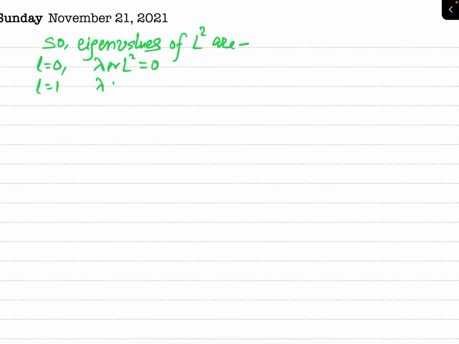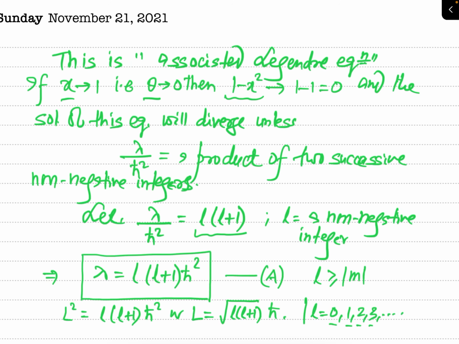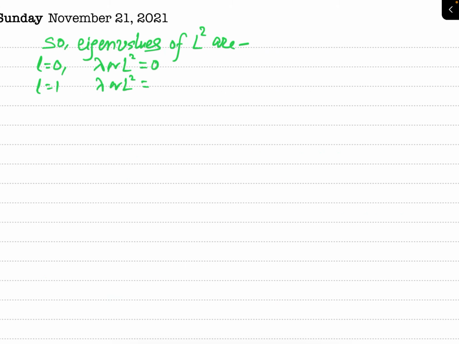When L is equal to 1, lambda or L square will be 1 into (1 plus 1) into h bar square, that is 1 into 2, that is 2h bar square. When L equal to 2, lambda or L square will be 6h bar square, and so on.